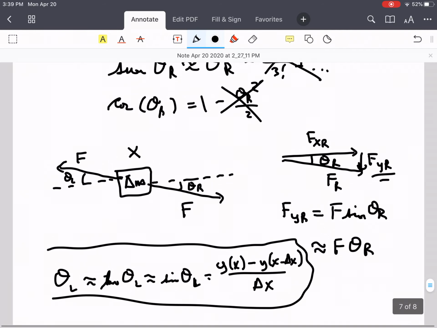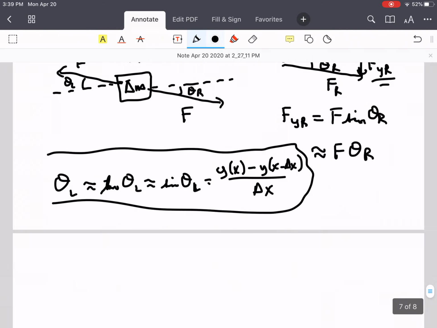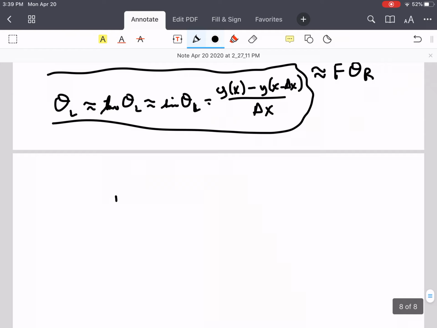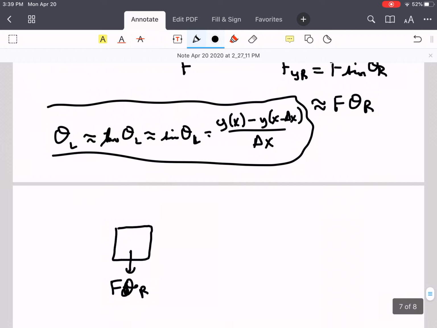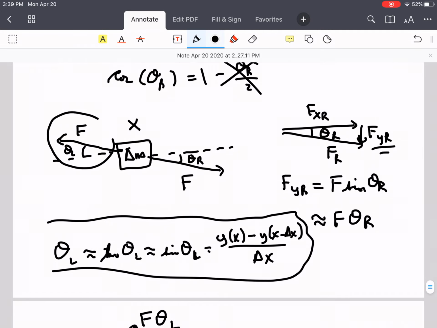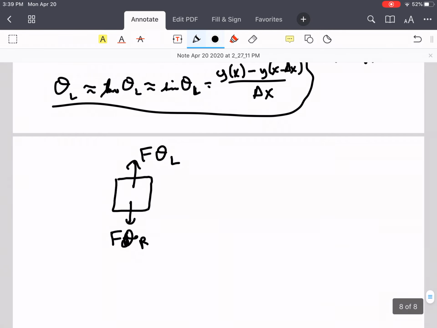The last thing we have to do is to use Newton's laws. So as a reminder, the y forces on this are F theta r, acting roughly speaking down because theta r is going to be negative, and F theta left when I break up this component of theta left. So these are the two forces acting in the y direction.